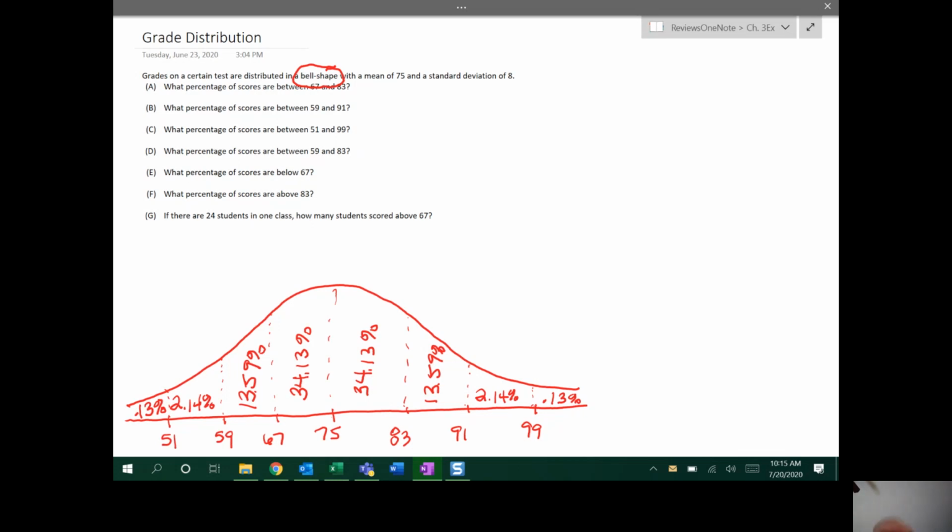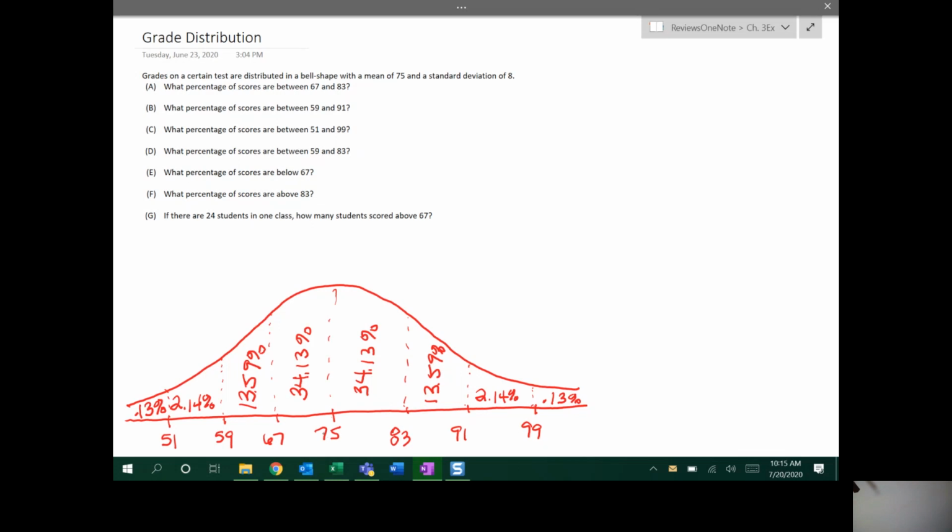So for part A, what percentage of scores are between 67 and 83? There are 2 ways to answer this question. There is a way that always works, but is a little bit slower. And there is a faster way, but it only works some of the time. The faster way happens to work on this first example.